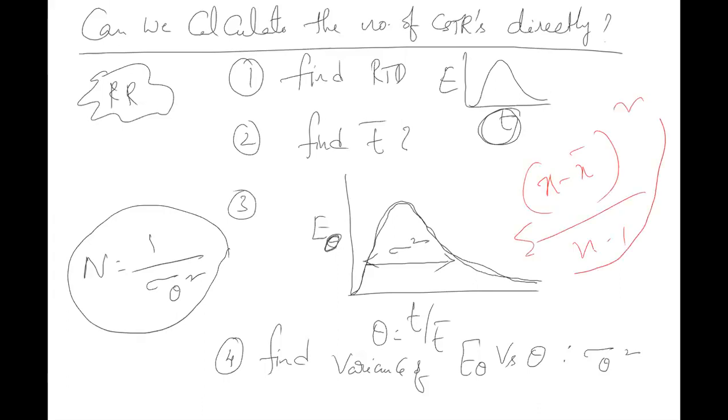You don't need to calculate it. If you just put this graph into the Excel tool, it tells you the variance. Once you get that variance, the number of tanks is N equal to 1 by sigma theta square. Suppose the variance is 0.1, then the number of tanks is 10.